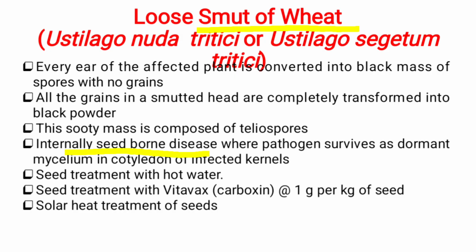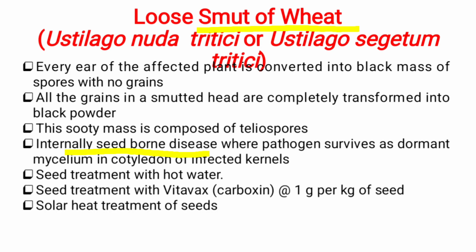Generally this particular disease, loose smut, appears in the grains, so the healthier grains are converted into a black mass of spores. As a result, all the grains in a head will be smutted and completely transformed into a black powder, and the yield potential is decreased, because the grains are not there and are converted into a black powdery mass that consists of teliospores.